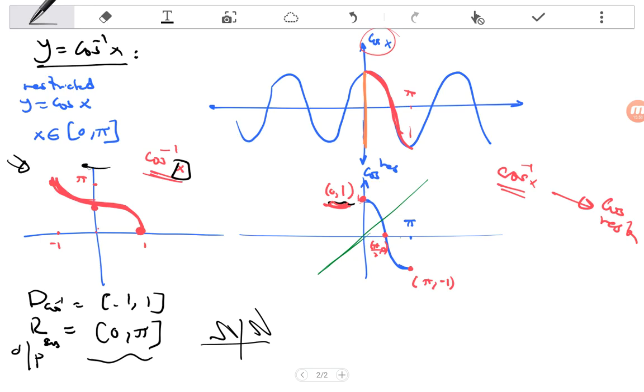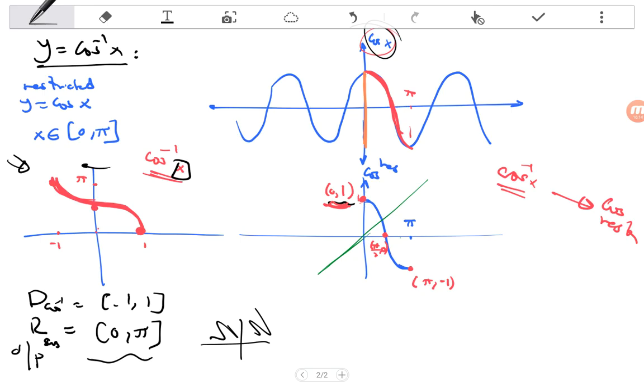Is it symmetric about the y-axis? No. It is obviously not symmetric, so it is not an even function. Although the cosine itself is an even function, its inverse is not even.